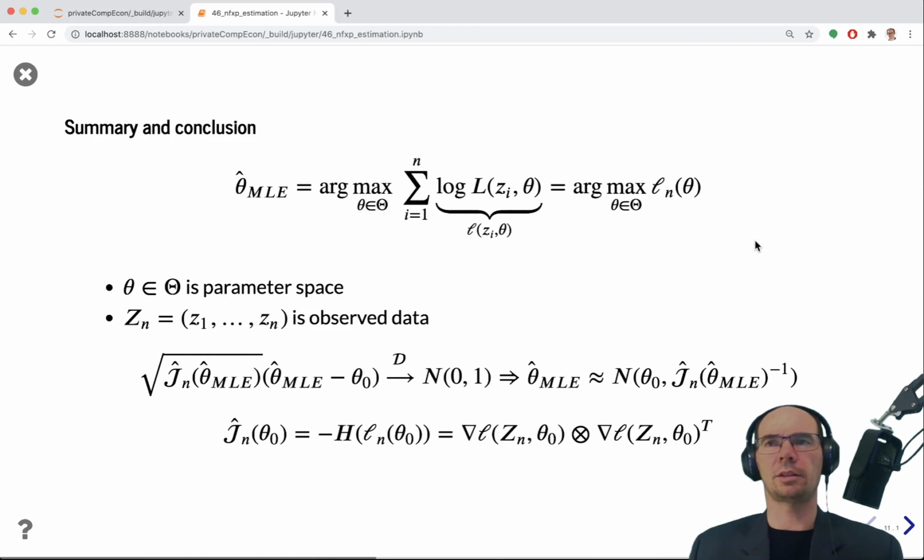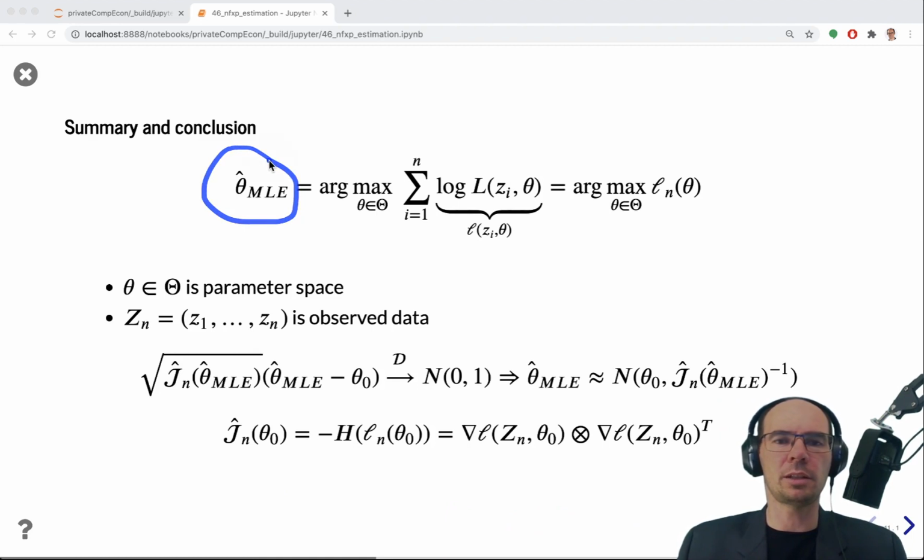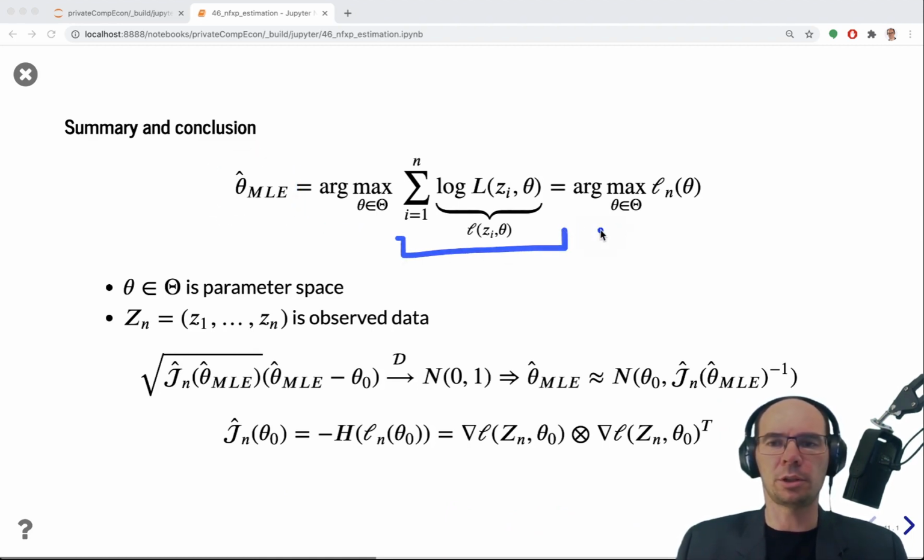So let's summarize and conclude. This is going to be what is to be put into code. The maximum likelihood estimator is given by the argmax of the likelihood function, which is calculated from the individual contributions denoted here, small l of each data point, right?